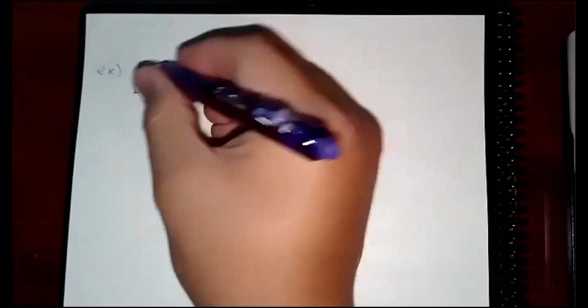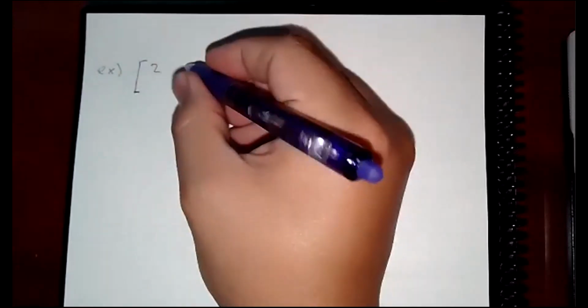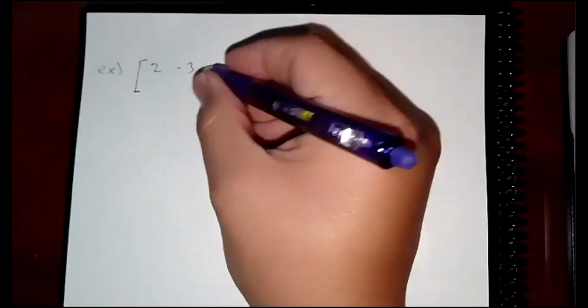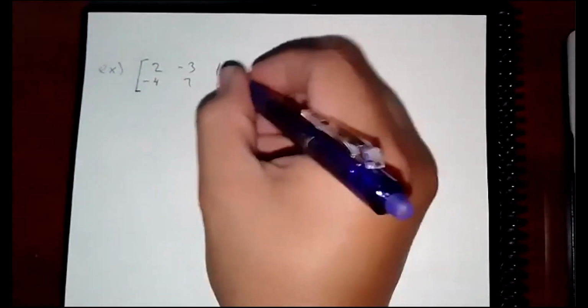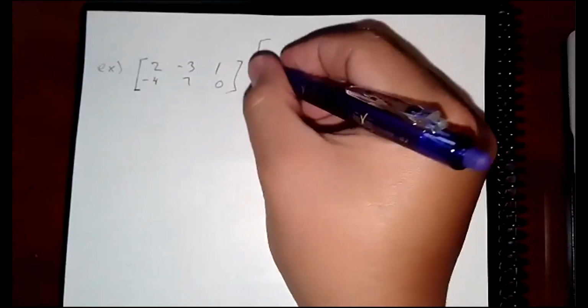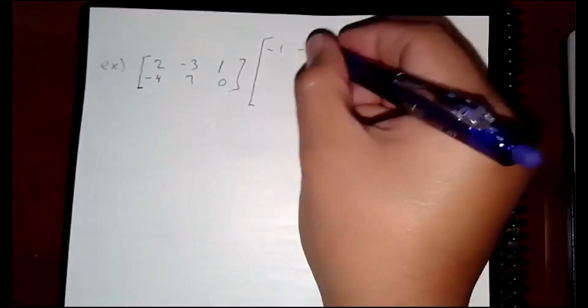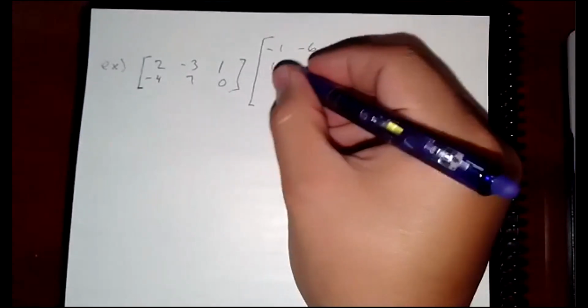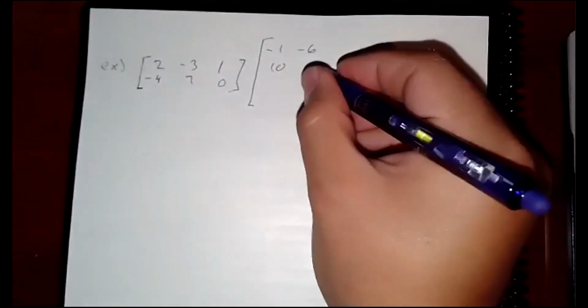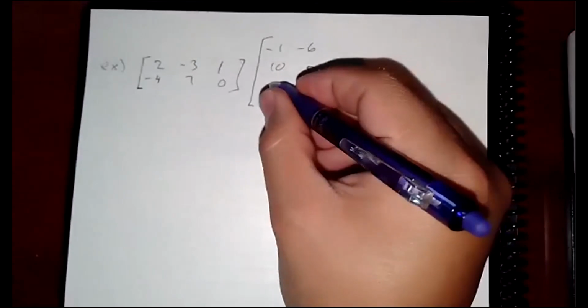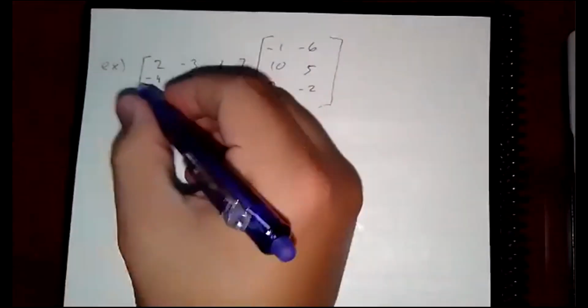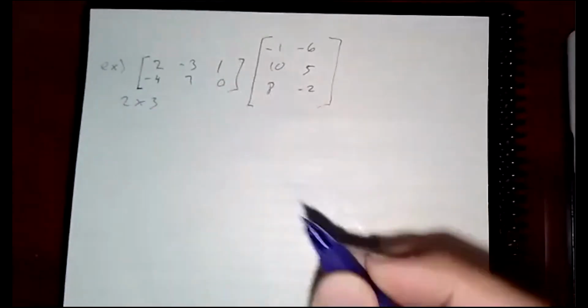Okay, so this time we'll do a matrix times another matrix. These can be a little bit annoying. I would suggest a calculator or something else, but let me show you how it works anyway. -1, -6, 10, 5, 8, -2. In order to multiply, the inner dimensions have to match.